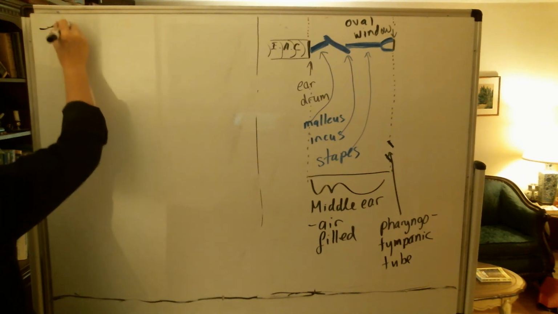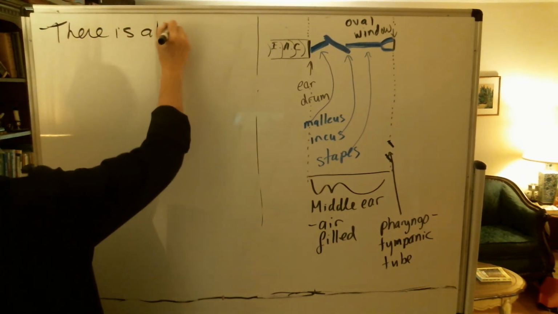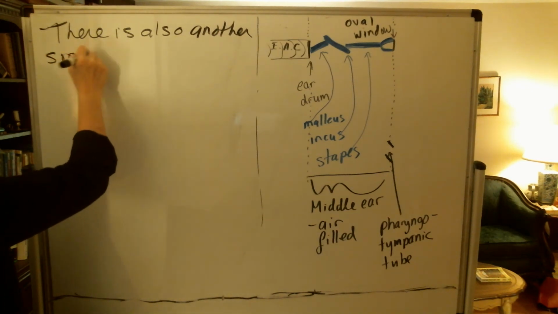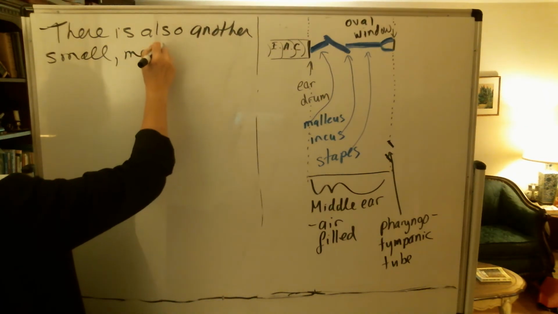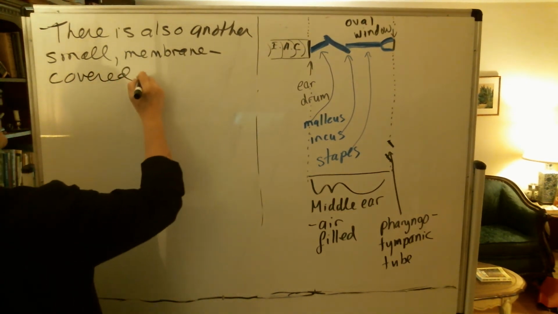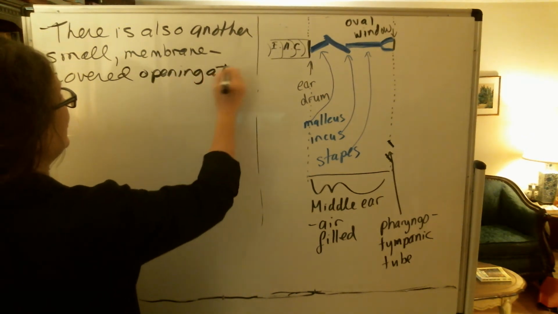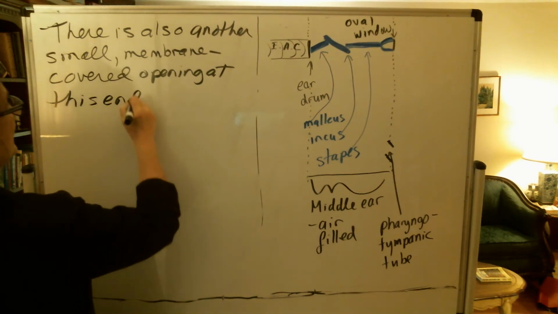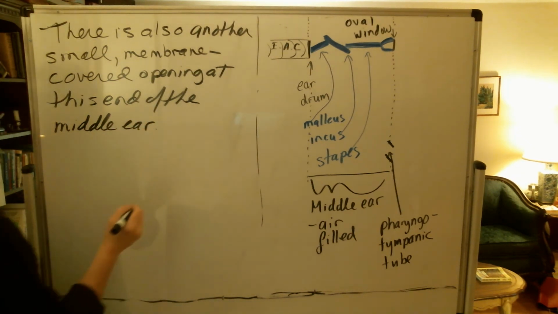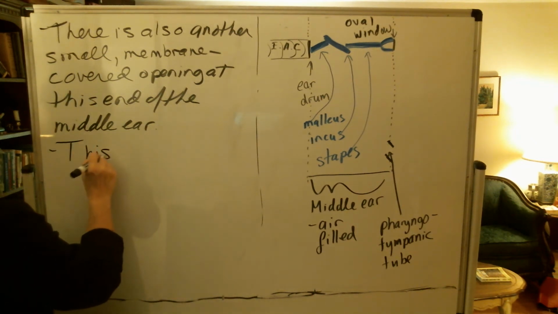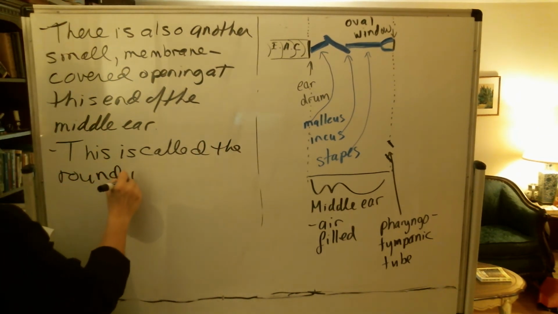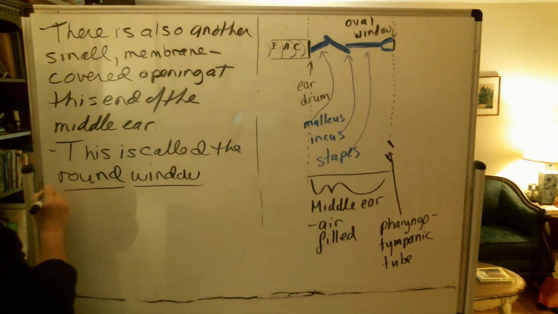So there is also then another small membrane covered opening at this end of the middle ear. And this is called the round window.